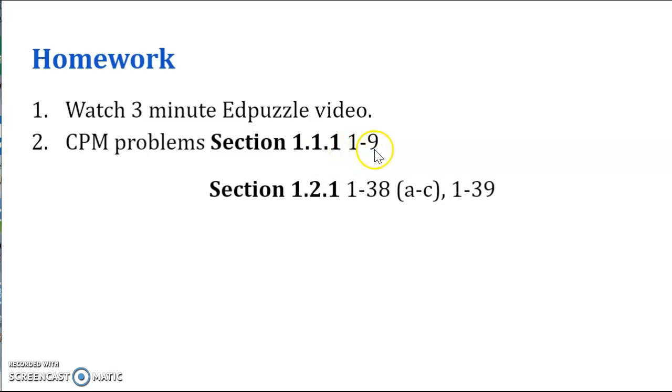And 1-9 does not mean questions 1 to 9. It means just question 1-9. So this is just one problem, and I think there are 9 parts to it or something like that, where you're doing the integer addition, subtraction, multiplication, division. Then section 1.2.1 is 1-38 problems, A to C only, and then 1-39.